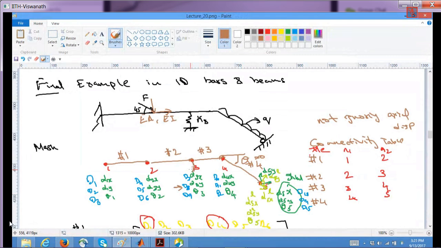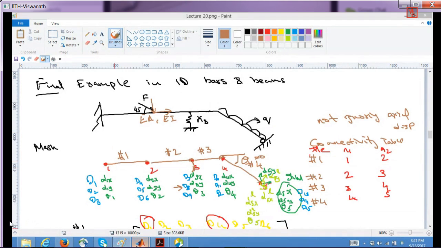It would constrain the y direction, and hence the stiffness entry would come in D88, which we will show in a couple of minutes. So we have the stiffness matrices for element 1, 2, 3, 4, and for the spring, all in matrix format.